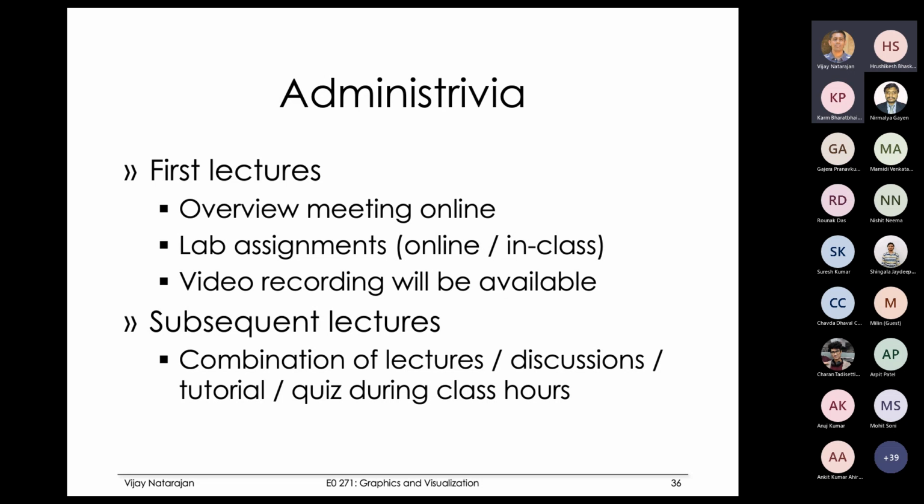The TAs will inform you about the time for these assignments and the tutorials. They could be a combination of online and in class. Again, the TAs will let you know, right? But we expect that you come prepared with your own computing device for these assignments, right? So please be prepared for that.